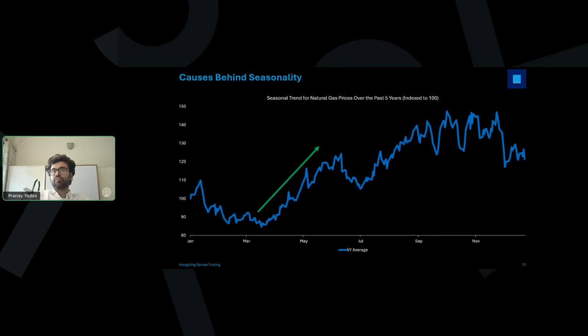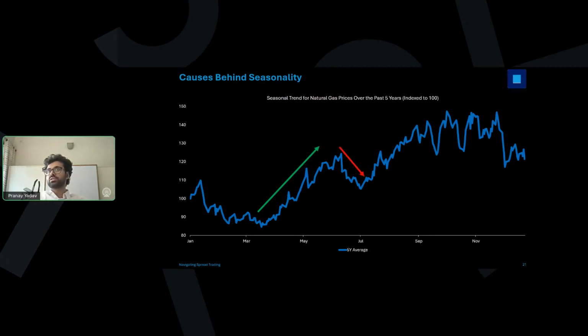First of all, the first trend I'd like to emphasize is what we see from March to June. Over the past 5 years, there's been a pretty consistent increase in natural gas prices. This happens because of a fundamental factor. Natural gas prices tend to rise into summer because summer demand for natural gas is very high. Because there's high demand in summer, natural gas prices are pushed up because the supply remains the same.